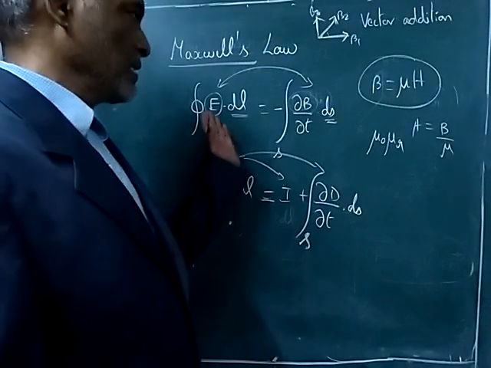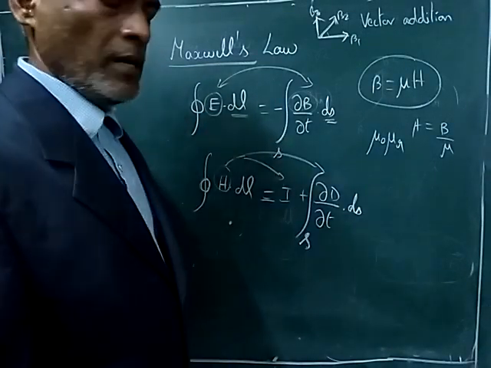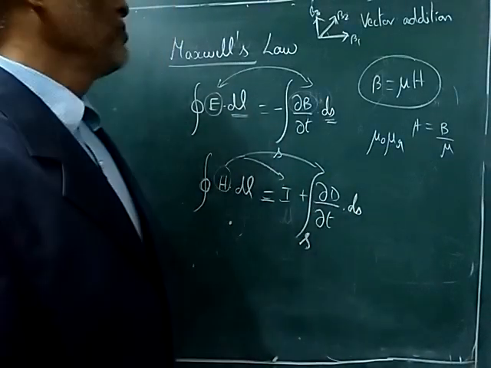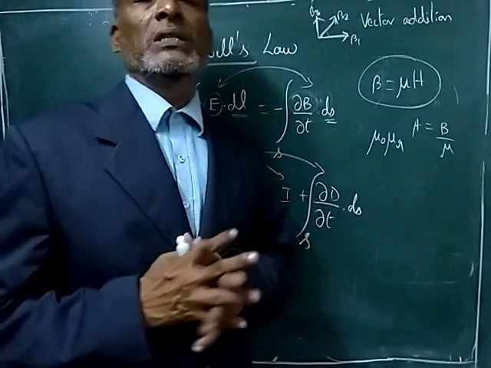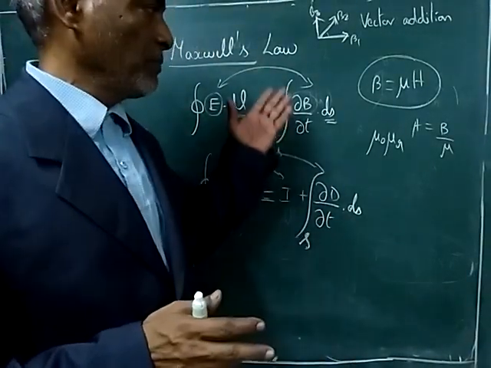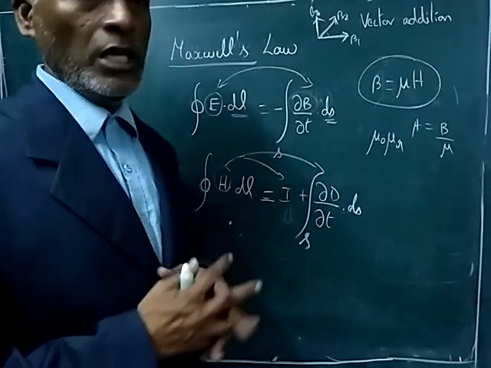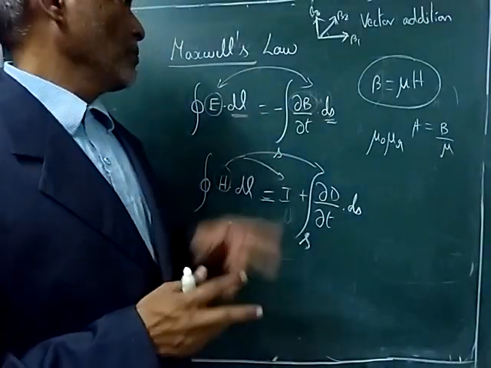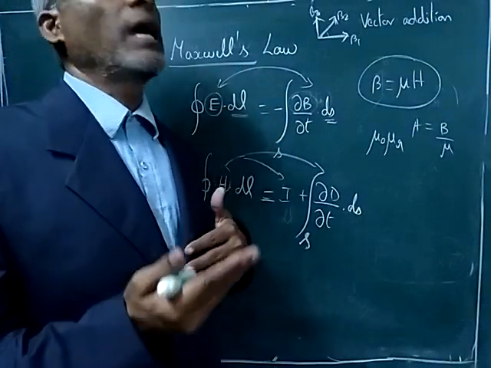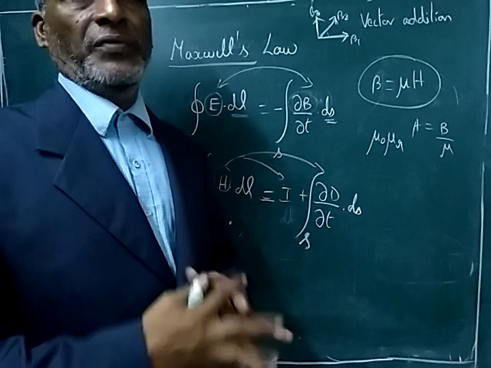So electric field is represented in terms of magnetic field, and magnetic field is represented in terms of electric field. That's why Maxwell's law is very famous. Actually, he has given 4 laws. For explanation of this topic, I have considered only 2 laws. So Maxwell's relation relates electric field to magnetic field and magnetic field to electric field.